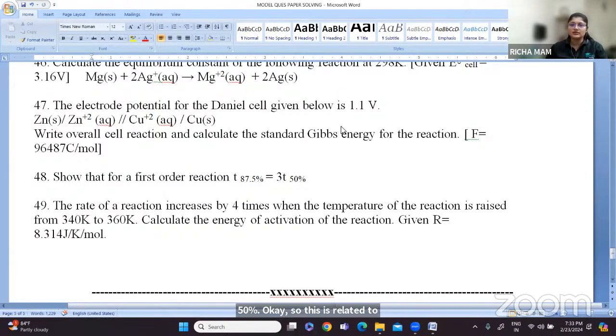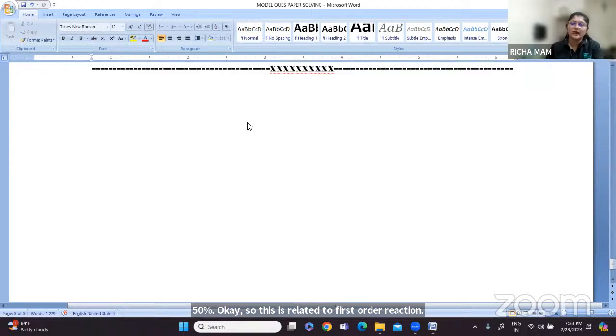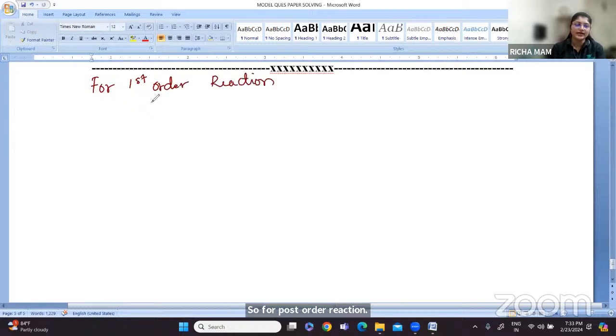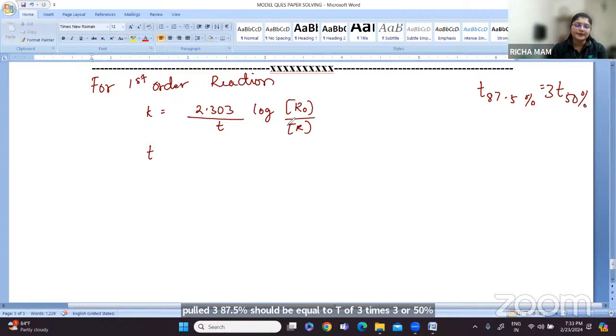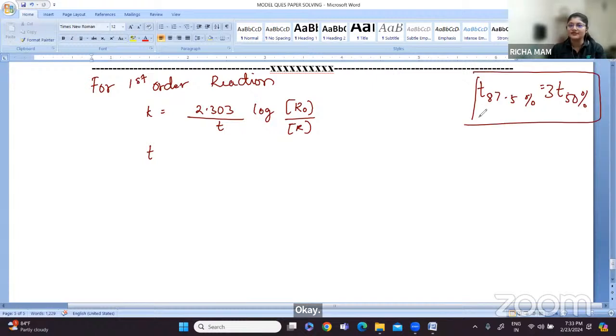For a first order reaction, k is equal to 2.303 by t log of R naught by R. They have told us that t of 87.5% should be equal to 3 times t of 50%. So we have to show this for the first order reaction.